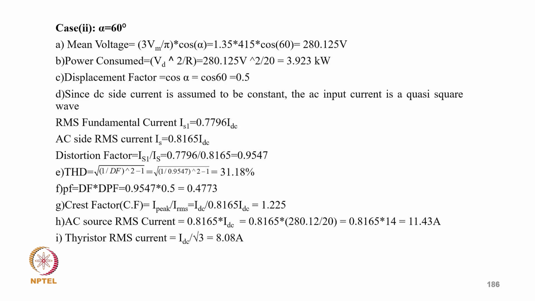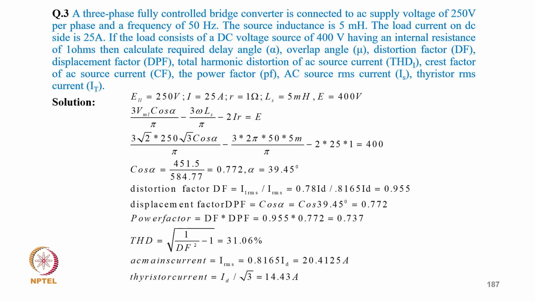The distortion factor Is1 upon Is comes to 0.9547, and THD is the square root of 1 upon df square minus 1, so it comes to 31.18. The power factor is df into displacement factor, so it comes to 0.4773, and the crest factor Ip upon RMS comes to 1.225. The AC source RMS current, 0.8165 into Id, comes to 11.43 ampere, and the thyristor RMS current Id upon √3 comes to 8.08 ampere.